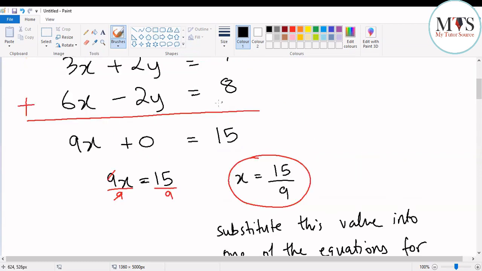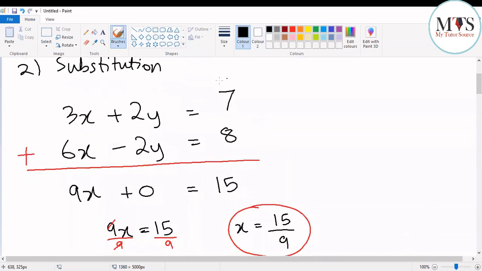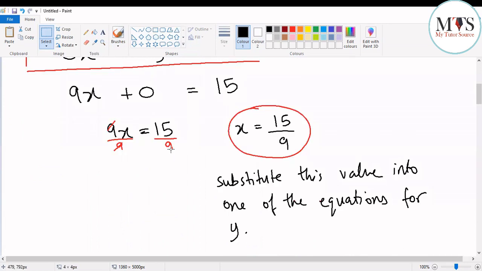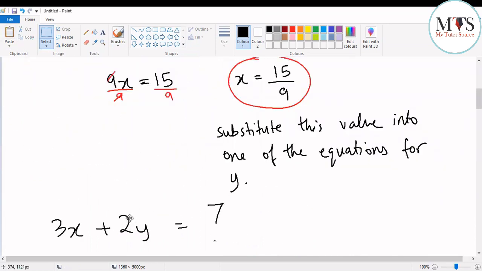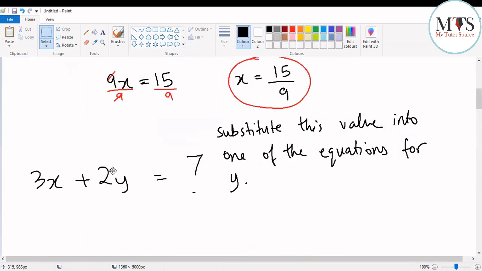So let's look at the first equation. I'm going to copy it. This is our equation. Let's paste this over here. So I'm going to substitute this value for x into the equation.